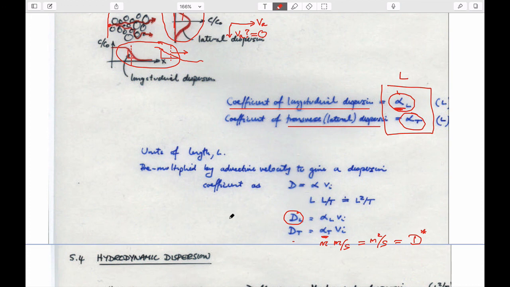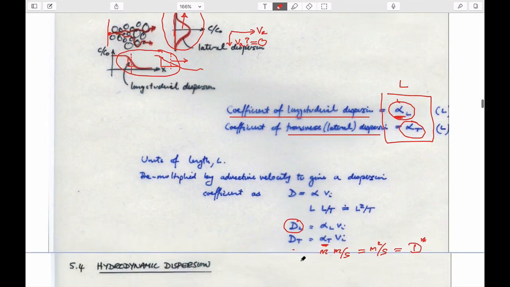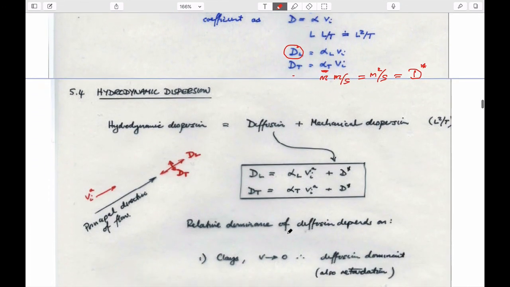So the point is that we have these two behaviors occurring. Take the beaker, drop ink in it, it spreads out, that's diffusion. If you take the beaker and move it across the room, in the time it's taken to spread out, you can think of that as being dispersion, as it goes from upstream to downstream like this. They have the same units, and so we can add them together.